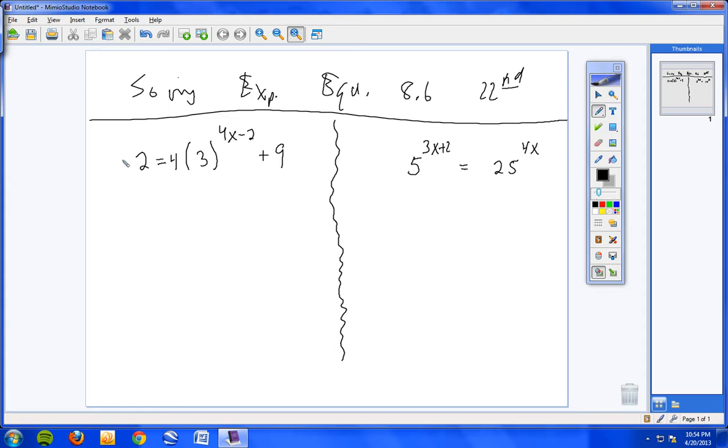One of these equations has one exponent that's unknown. When you look at the equation over here, students, notice we have an exponent here with an unknown and an exponent here. Notice in your notes, I've given you two different sets of steps.